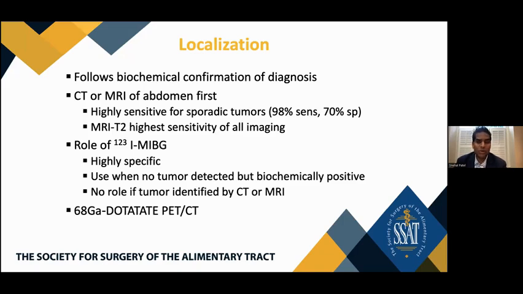But if it's just a single adrenal pheo that you're worried about, we don't need an MIBG. And I know oftentimes patients will come with an MRI and an MIBG and a dotatate, and that's not necessary. Now the dotatate scans, in my opinion, are really starting to replace MIBG for localization, with a higher sensitivity.